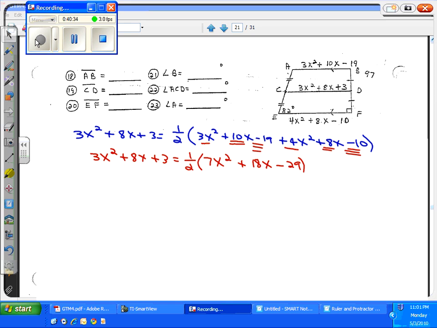We don't like that fraction, so we're going to multiply by its denominator 2, which will get distributed on the left. And so we will have 6x squared plus 16x plus 6 is equal to 7x squared plus 18x minus 29. And the 2 wiped out the 2.